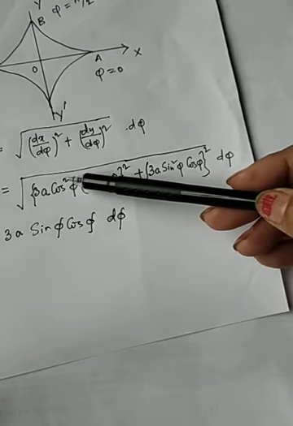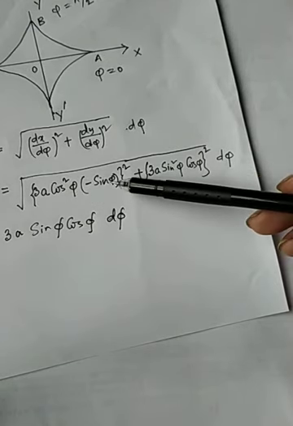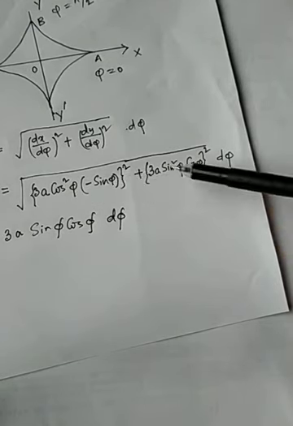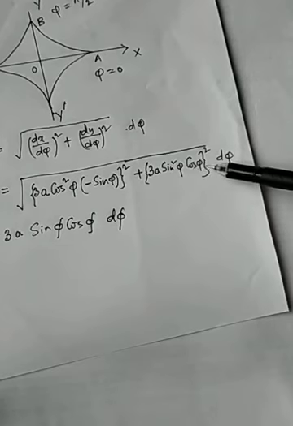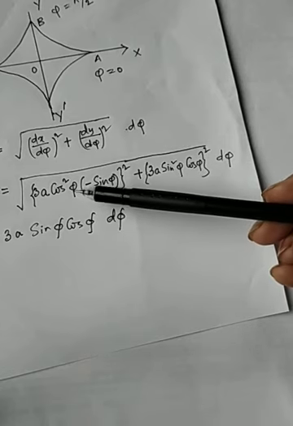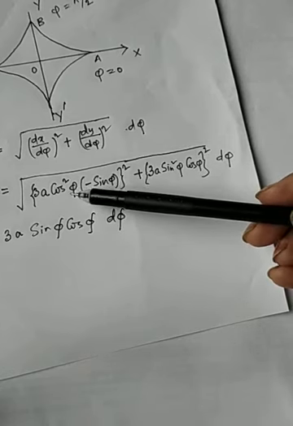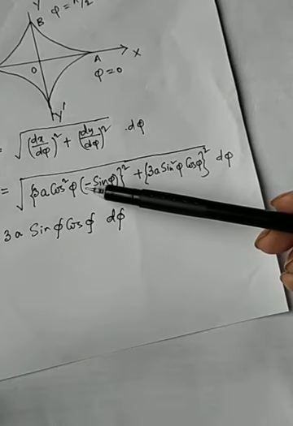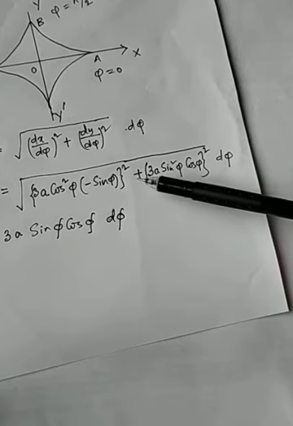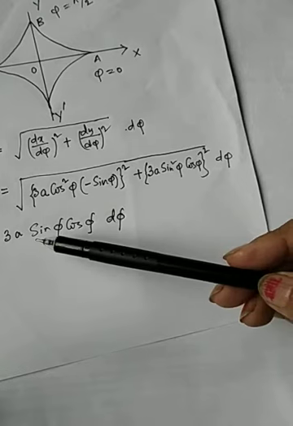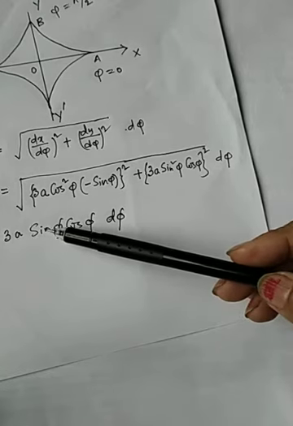This is cos to the power 4 phi times sin square phi, and this is sin to the power 4 phi times cos square phi. So sin square phi and cos square phi will be taken common, and inside there will be cos square phi plus sin square phi, that is 1. So there will be no 2, only sin phi cos phi.